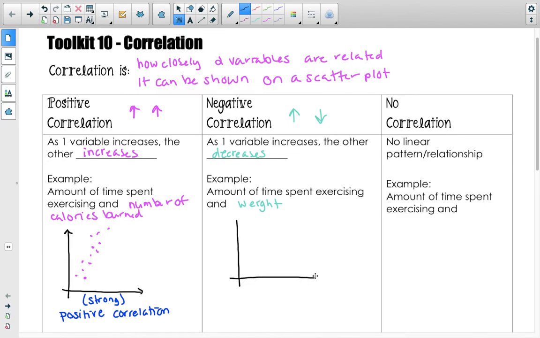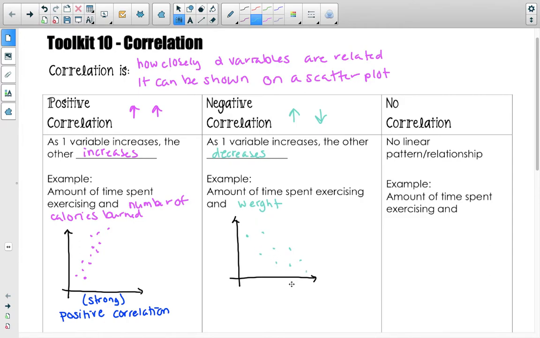I'm going to show a negative correlation, but I'm also going to show a weak correlation at the same time to show you what the difference between strong and weak is. Negative does not automatically mean it's going to be a weak correlation. I'm just showing the differences between them. A weak correlation is when the data points are not as strongly grouped together, but you can still see the negative pattern here.